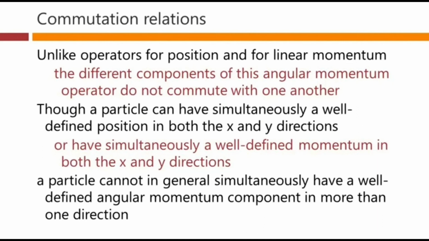The commutators are not in general zero, and so this is telling us that though a particle can simultaneously have a well-defined position in both the x and y direction, a particle cannot in general simultaneously have a well-defined angular momentum component in more than one direction.